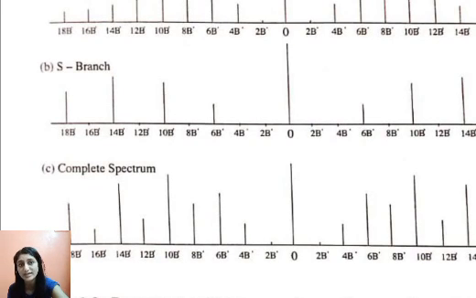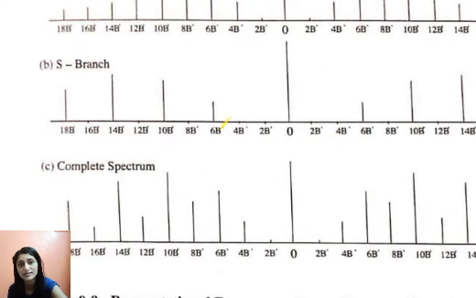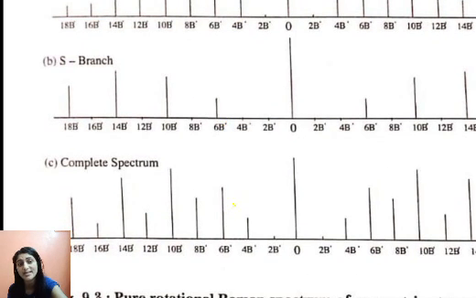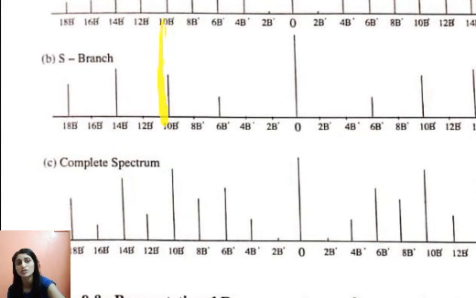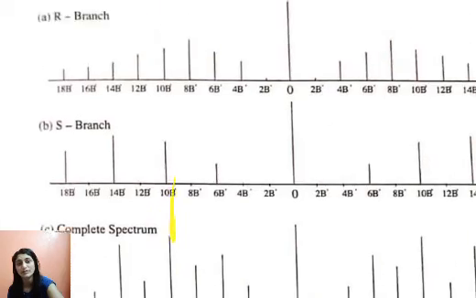Then 6b dash is also there: the R branch line is there, and the S branch line is also there. So naturally in the complete spectrum I will get more intensity corresponding to 6b dash, because R branch and S branch are superimposing on each other. The next line will be 8b dash, which will be from R branch. The next line is 10b dash, which is because of the superposition of these two, and that is how it will be intense.